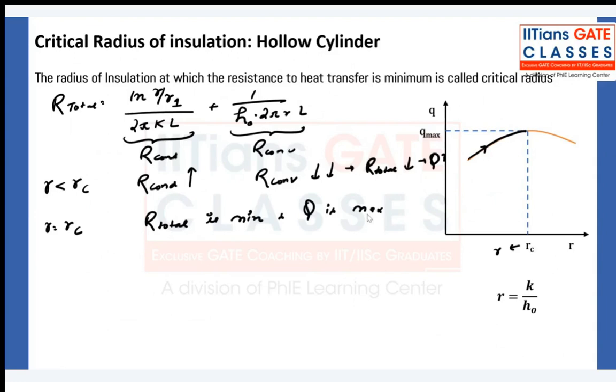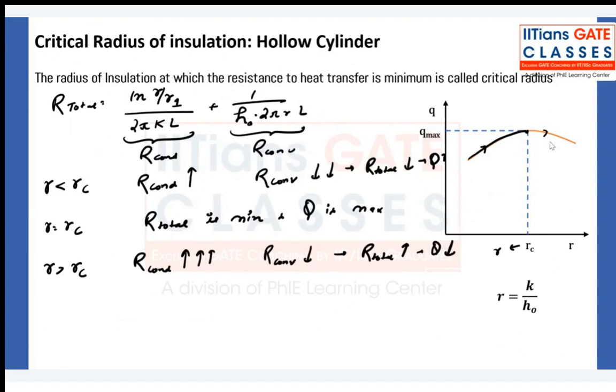Then when R is greater than RC, after this point, what happens? The increase in conduction resistance is more than the decrease in convection resistance. So R total is increasing and heat transfer starts decreasing, and therefore the wire can get hot and hot and hot.